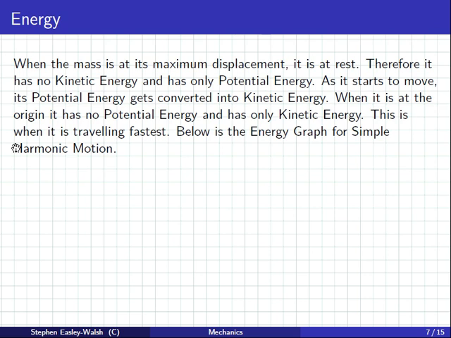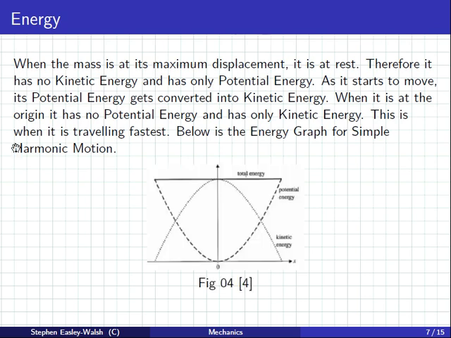So anyways, below is a graph to help explain this, and this is also a graph they ask you to draw. Now before you draw it, I just want to explain it. So here is the displacement, and here is the energy. So if you pull the spring out all the way, what kinetic energy will it have? 0.